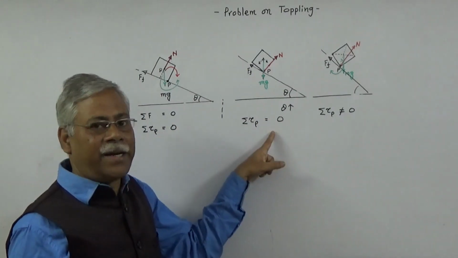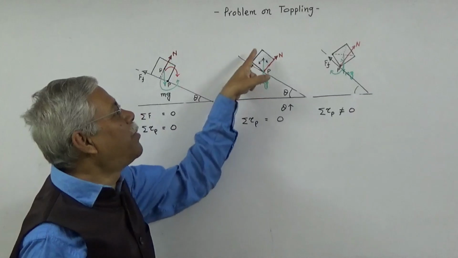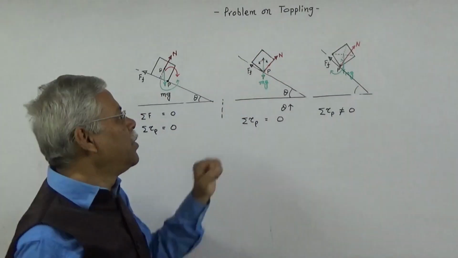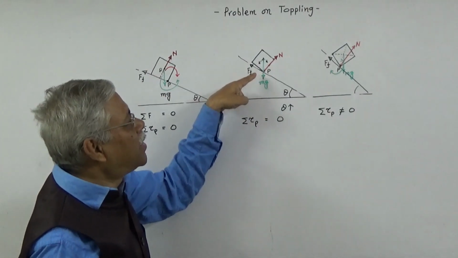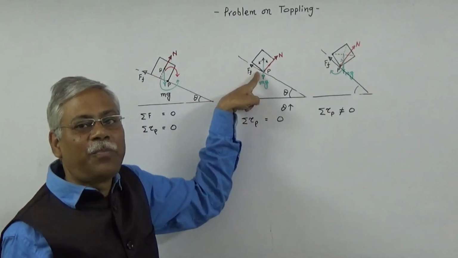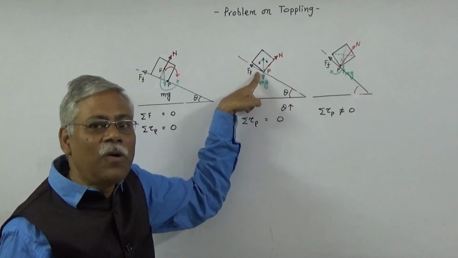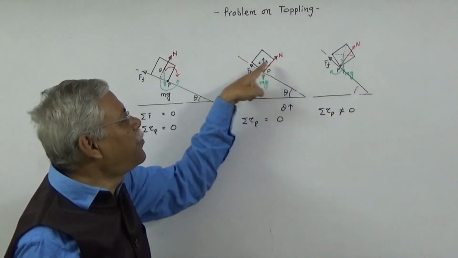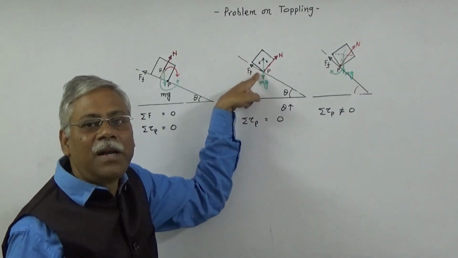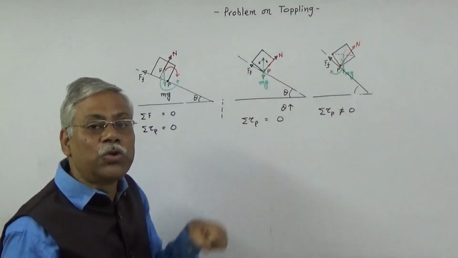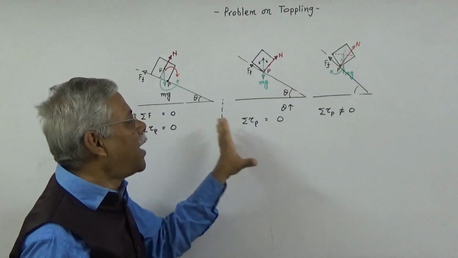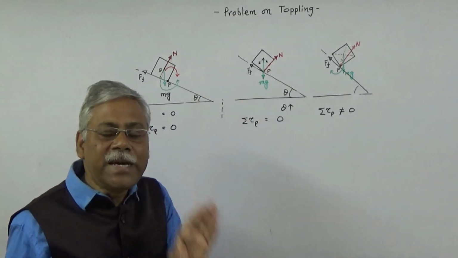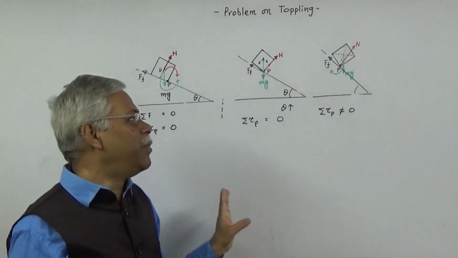In the second step, the body is on the verge of toppling. In this state, the net torque about the point P has become 0 because all three forces have their lines of action passing through the point P. So the body is still in rotational equilibrium.